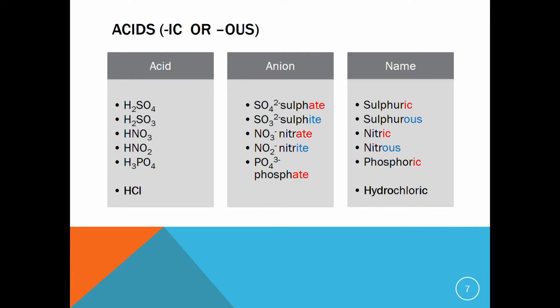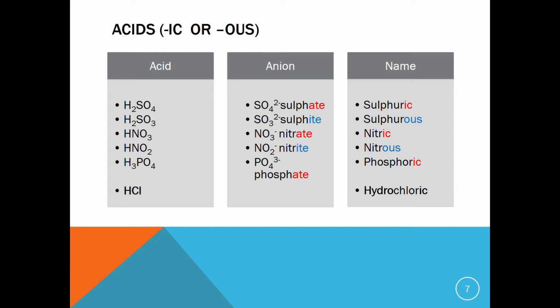The name of phosphoric acid is based on the same principle. The ending ic is used because its anion name ends in ate, phosphate, so phosphoric. The last acid is hydrochloric, whose name follows a different rule because hydrochloric acid doesn't contain oxygen.